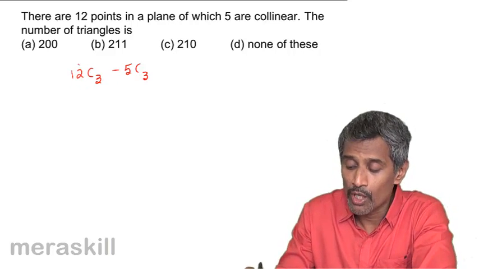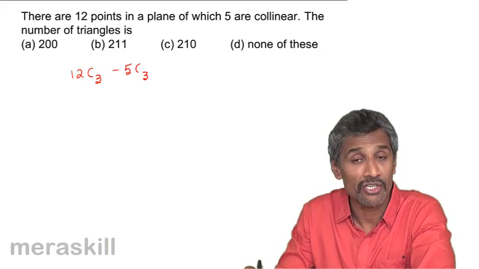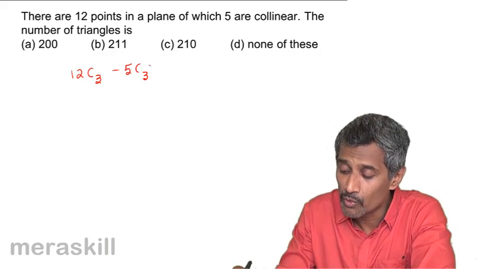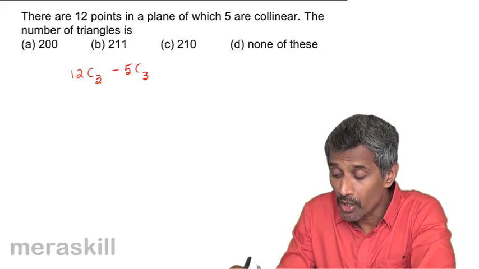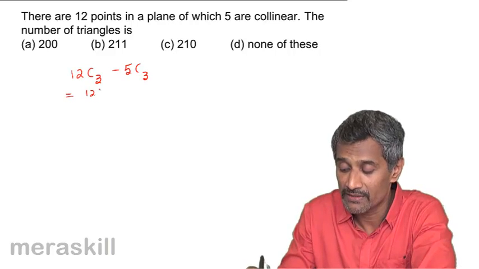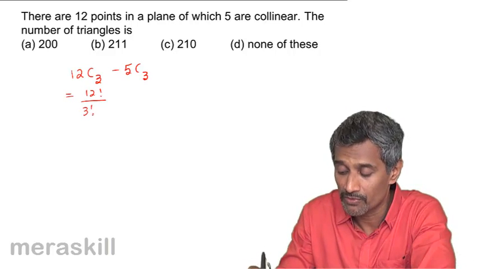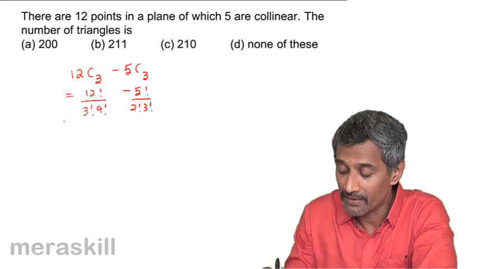12c3 involves all the sets of 3 points which you have taken, and 5c3 removes the ones which are collinear, which will not form a triangle. So it's 12c3 minus 5c3, which is 12 factorial upon 3 factorial into 9 factorial, minus 5 factorial upon 2 factorial into 3 factorial.